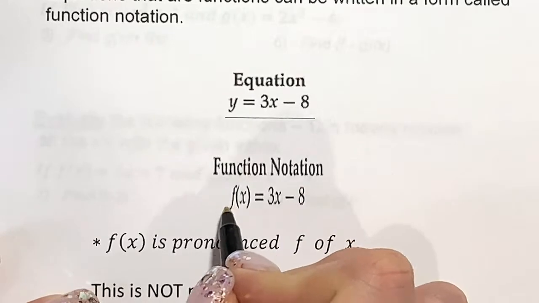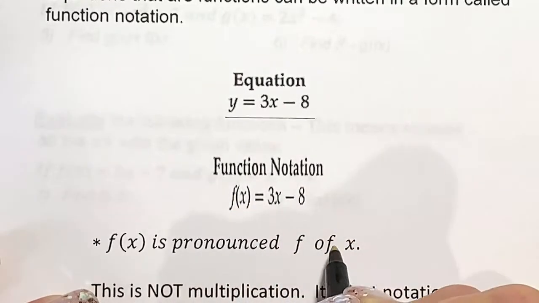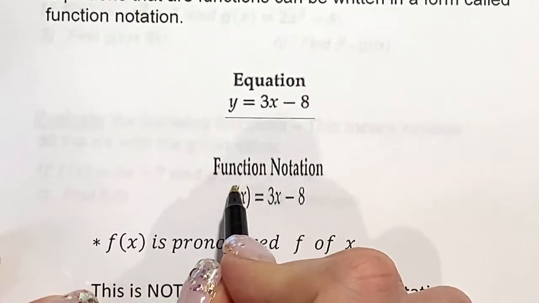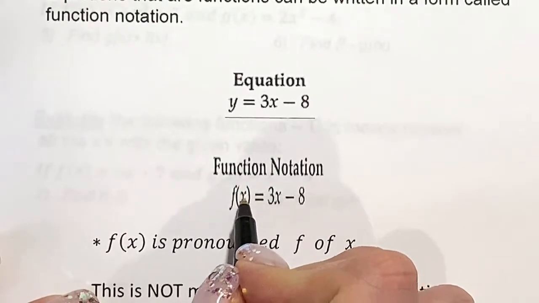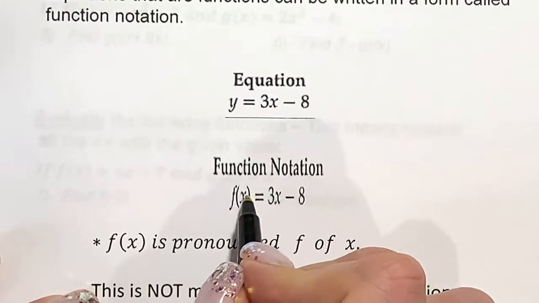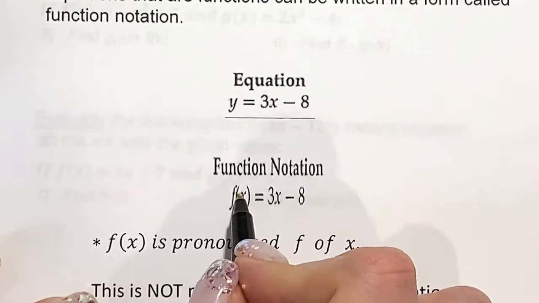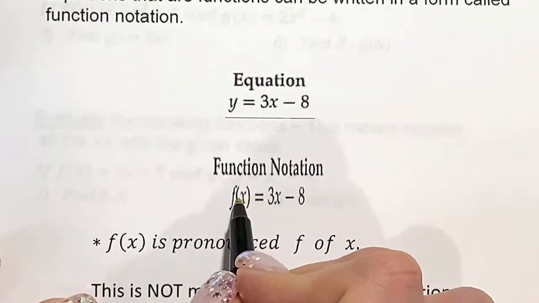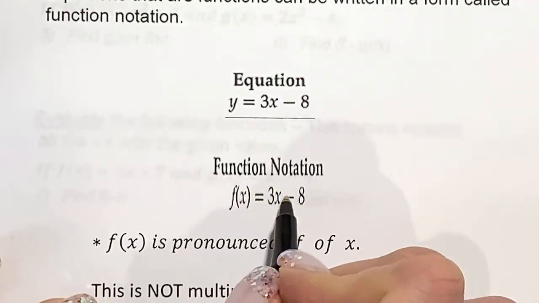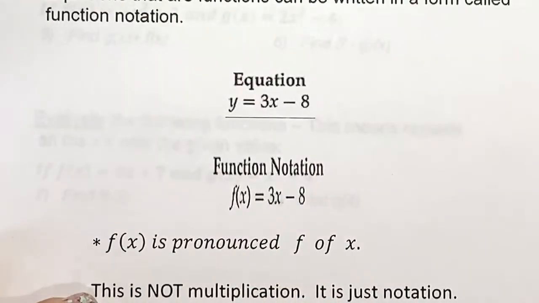We pronounce this as f of x. So I have that written for you here. The reason we have this is because we're saying our variable is x, and I can think of this as something I can plug numbers into. So we're saying if this is my function of x, I can take a number and plug it in and see what I get out of it.